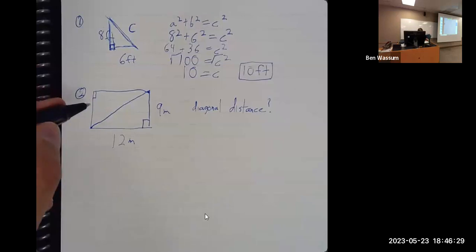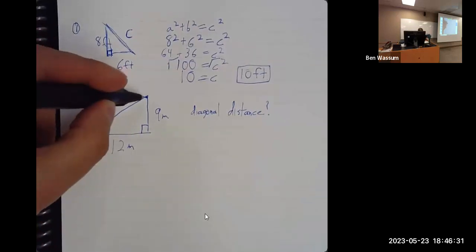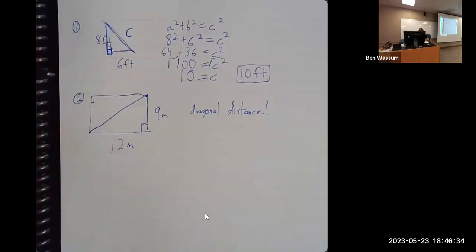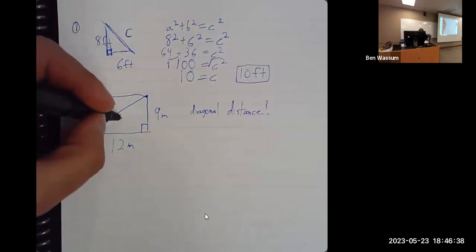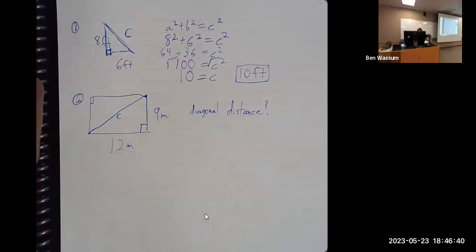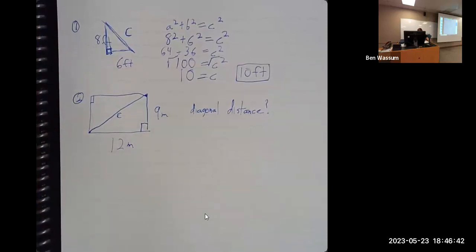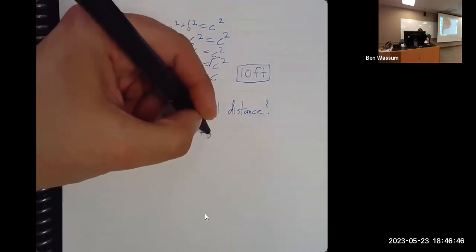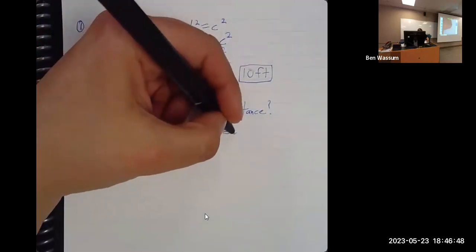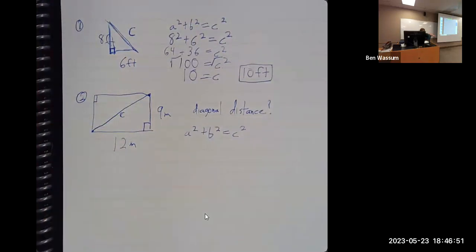Okay. So we need to know this, which since it's the hypotenuse of a triangle, I'm going to go ahead and call it C. Just because, hey, we're kind of used to having a C there, right? And of course, we're going to use the Pythagorean theorem. A squared plus B squared is C squared.